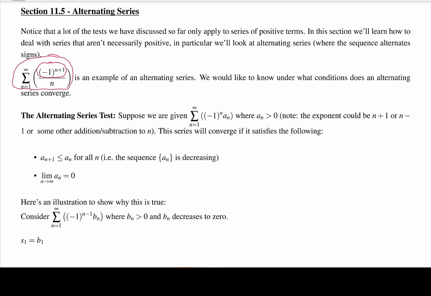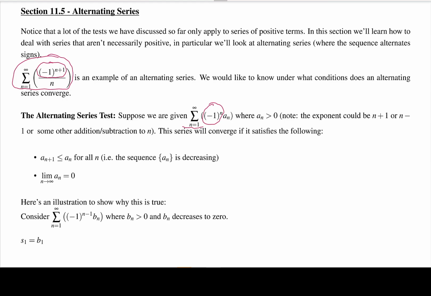So suppose we're given something like the sum from n equals 1 to infinity. Now to reiterate, we don't have to start at n equals 1. We could start at n equals 0, n equals 2, stuff like that. And we're going to have something that looks like negative 1 to the n. Again, remember this could be negative 1 to the n, negative 1 to the n plus 1, negative 1 to the n minus 1.